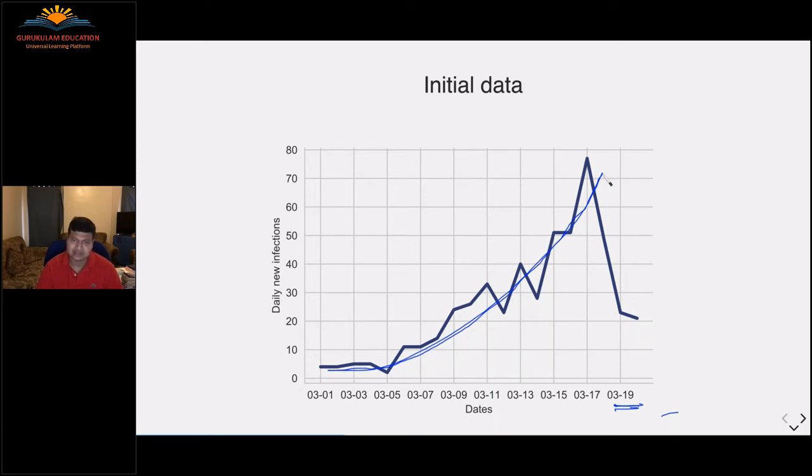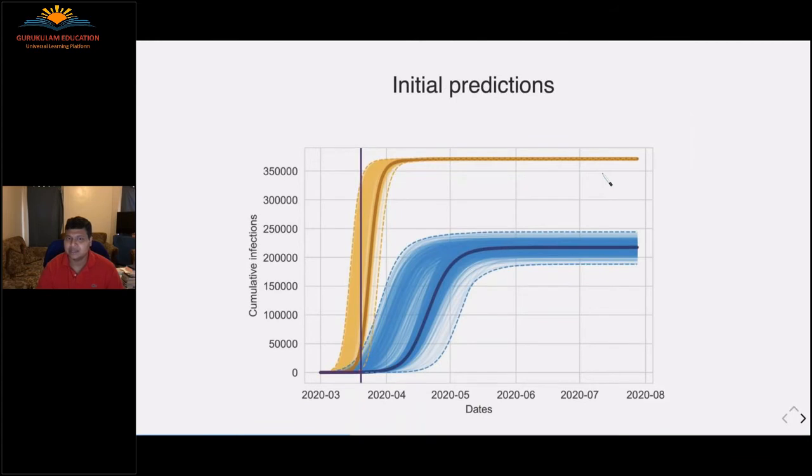So the government asked, okay, what do you think? So we had to come up with some predictions, and this is what we did back in March. So we were still here, I think March 19th or something like that, and we had data till this, and then we applied this method to identify the model. Then we said, okay, if we do impose lockdown and everything, then we will be somewhere around 200,000 cases here.